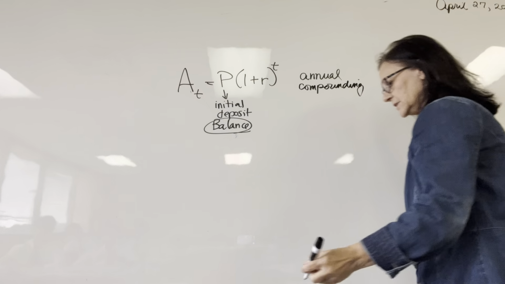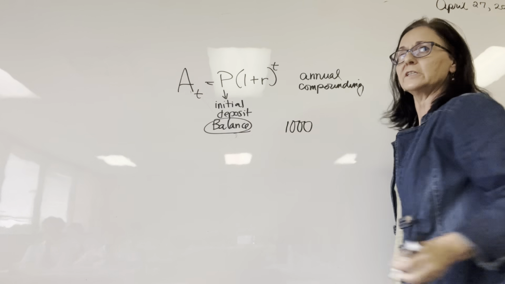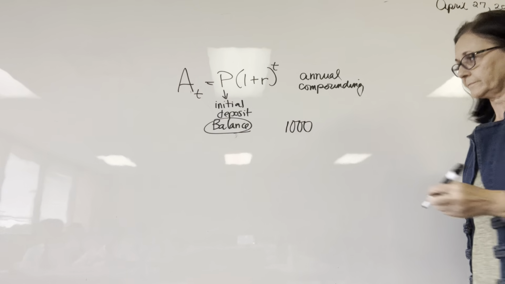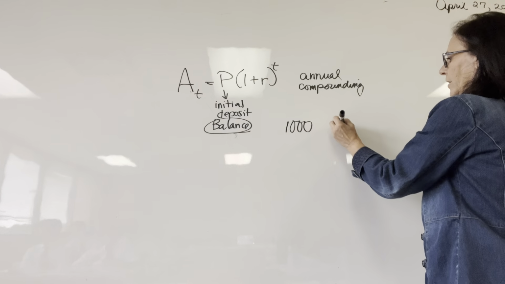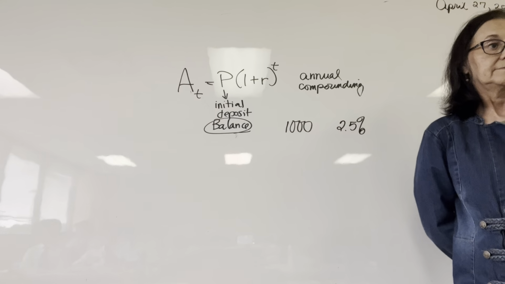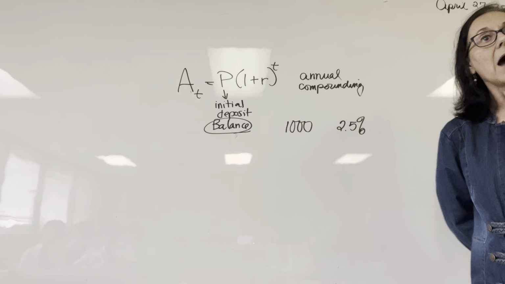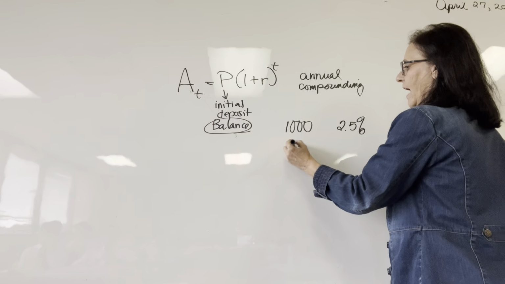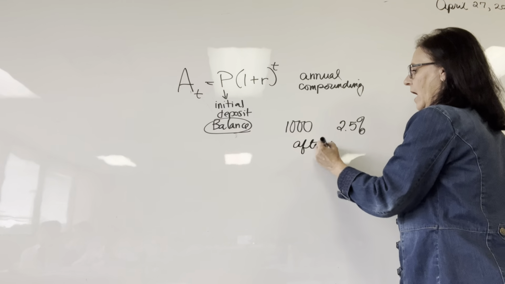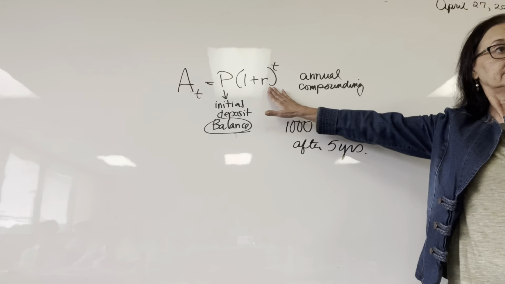All right, so let's suppose I deposit $1,000 into a savings account, and I'm earning 2.5% each year. How much will I have after 5 years? Well, I can use this formula.